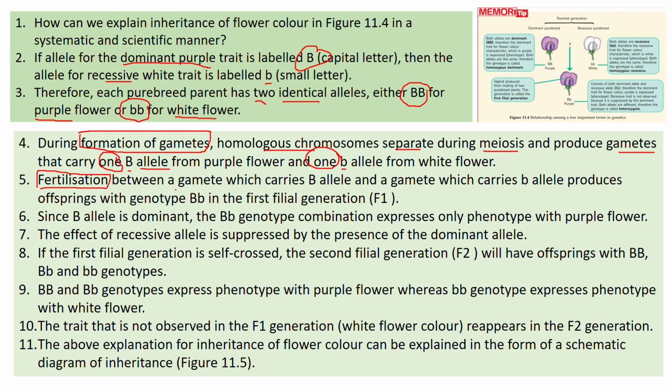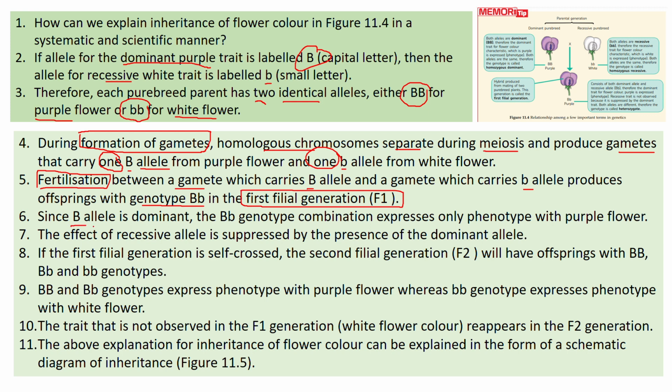Okay, next one is fertilization, persenyawaan. Fertilization between a gamete which carries capital B allele and a gamete which carries small letter b allele produces offsprings with this genotype, capital letter B and small letter b, in the first filial generation, F1.